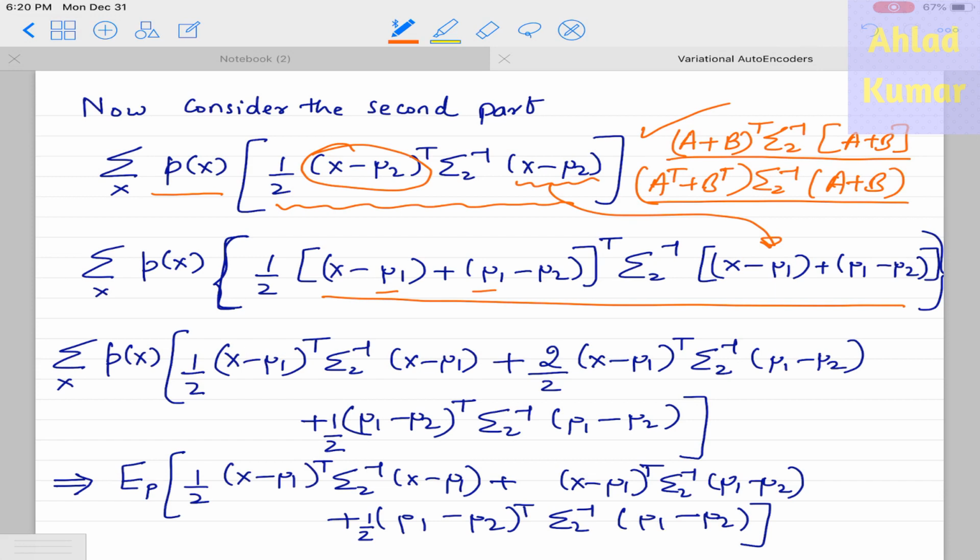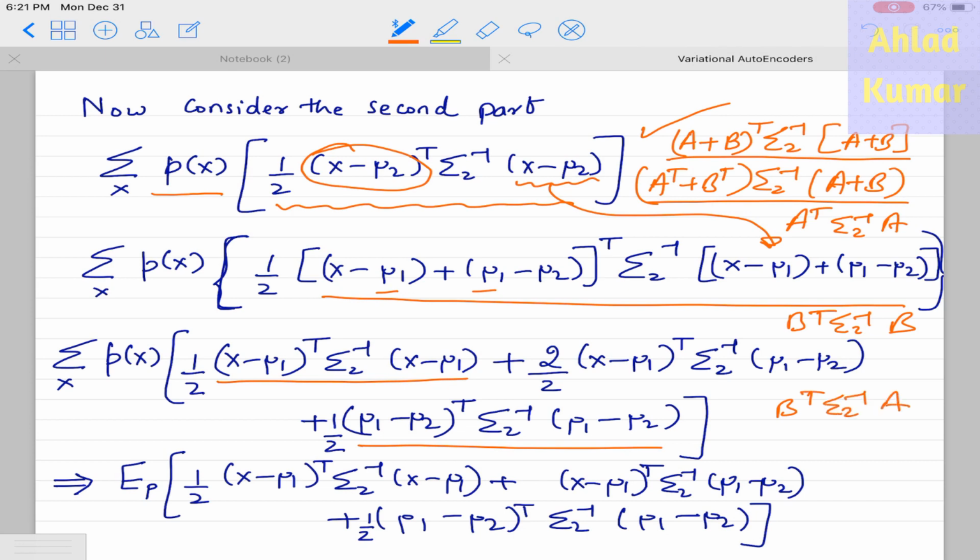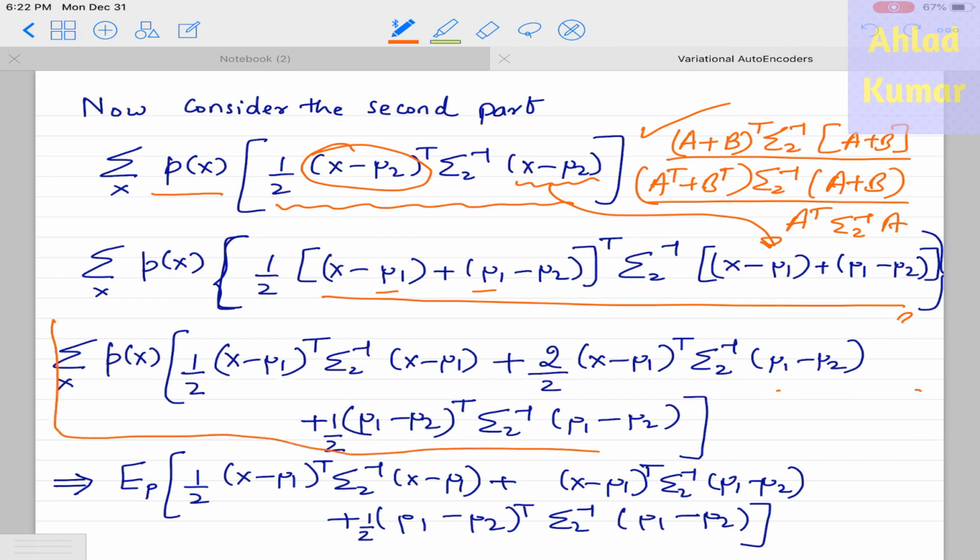So let's see what these 4 terms are. The first term, A transpose sigma 2 inverse A, is given over here, and one of the terms is B transpose sigma 2 inverse B, represented over here. The other 2 terms, B transpose sigma 2 inverse A and A transpose sigma 2 inverse B, are basically the same, so we are adding these 2 terms together twice. Once this is done, we obtain this expression.